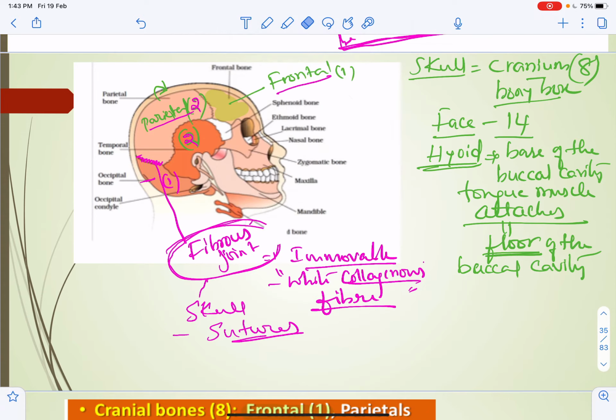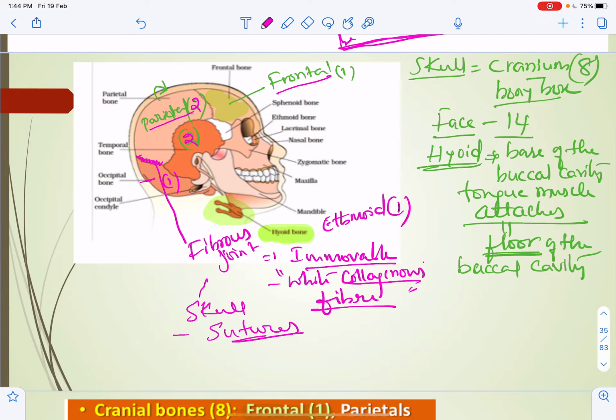The ethmoid bone is single. So in total 8 bones: frontal, parietal, temporal, occipital, sphenoid and ethmoid. So 4 are single and 2 are paired.